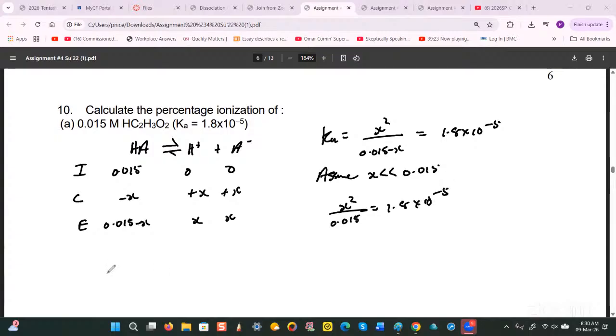And then we can solve for x, which would be equal to the square root of 0.015 times 1.8 times 10 to the minus 5. And let me see what that gives. Let me find the square root of that. So according to my calculation, the answer is 5.2 times 10 to the minus 4.